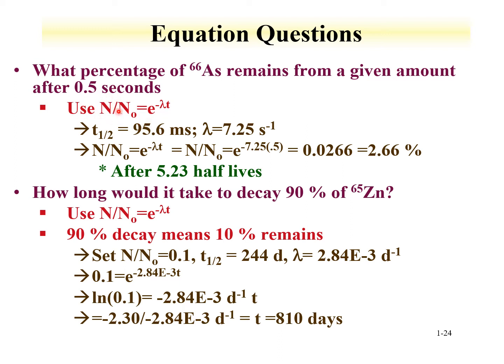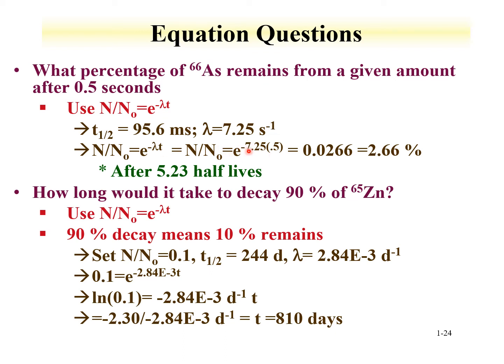N at time t is this N value here. I know that I want to figure out what that percentage is, or that ratio at the given conditions shown here. So half a second, get my decay constant. The half-life of this isotope is 95.6 milliseconds. Convert that to seconds. My decay constant is 7.25 inverse seconds.